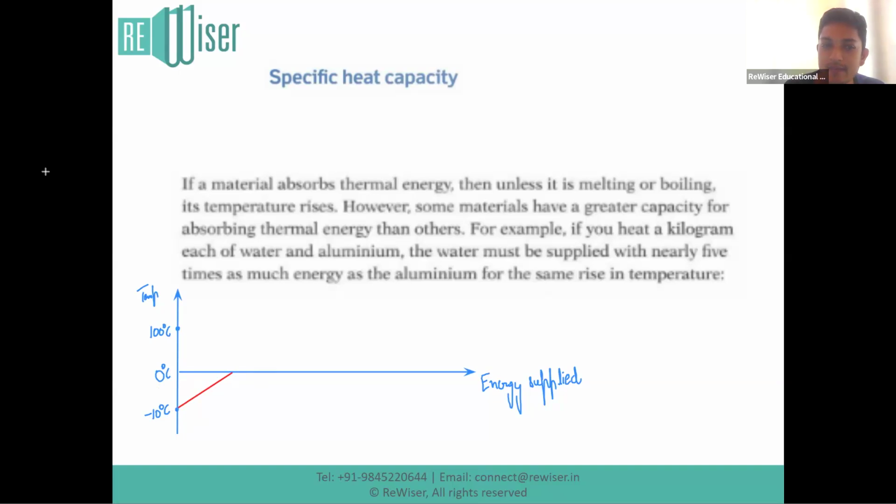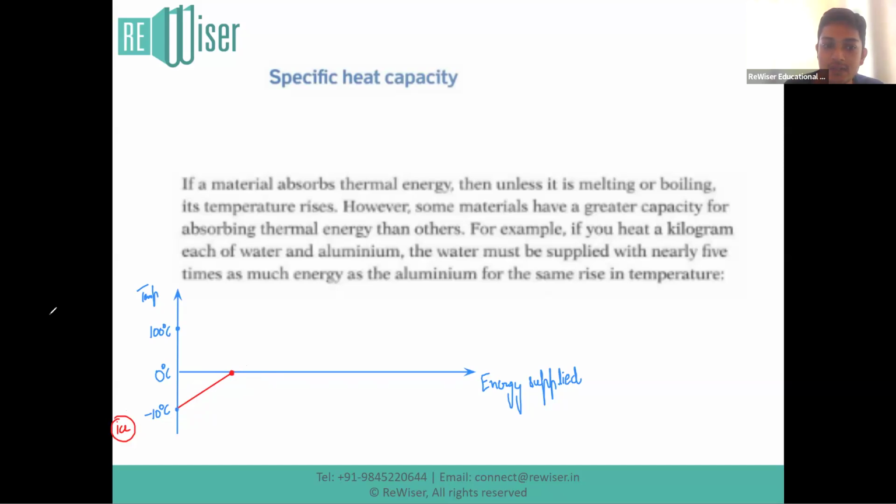One mistake I made, please make sure it's ice at minus 10 degrees Celsius, not water. So as ice absorbs energy, it increases in temperature from minus 10 degrees to about 0 degrees Celsius. At 0 degrees Celsius, it will undergo a change in state.